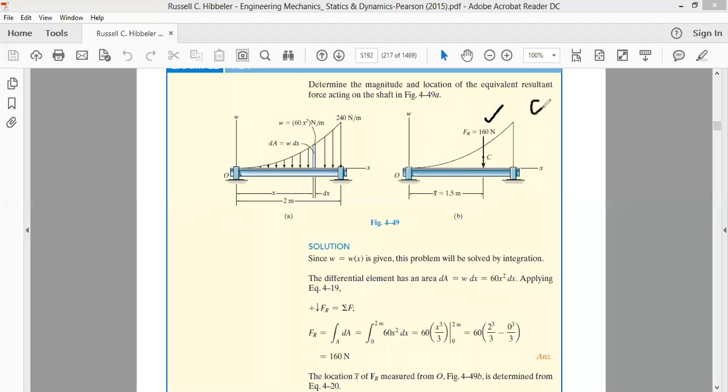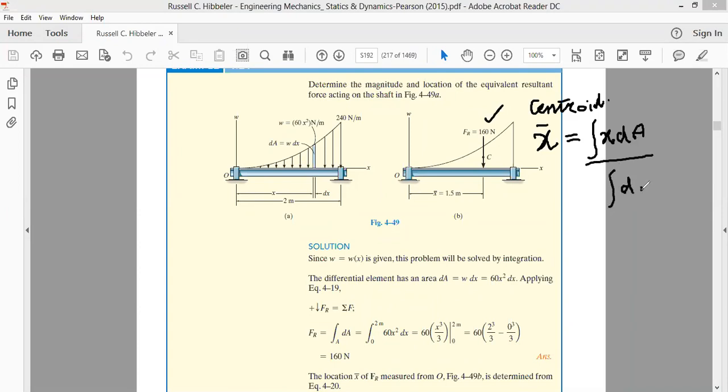Now, how to find the centroid? The question is how to find the centroid of an area. The formula for the centroid of an area is x bar equal to integral x dA divided by integral dA.